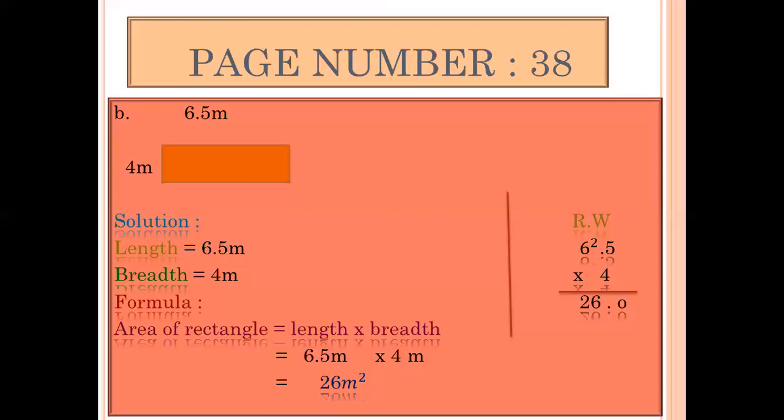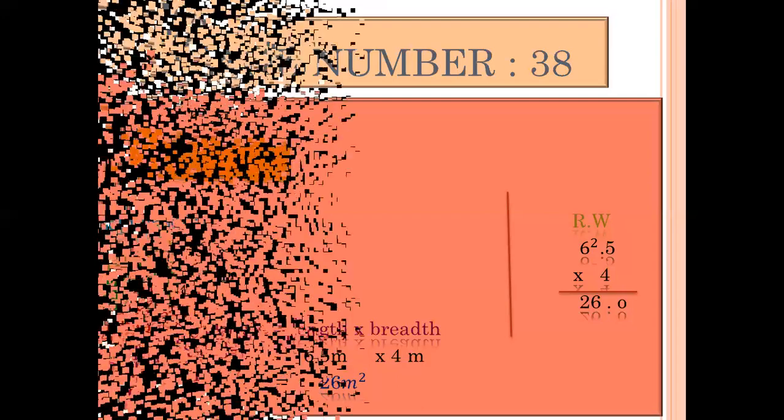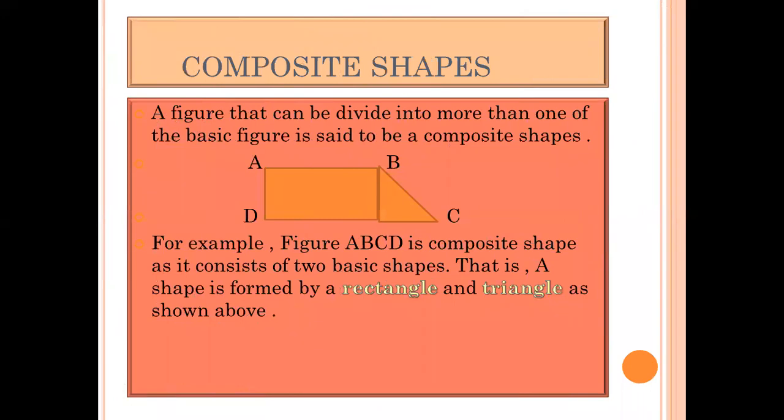Yes, students, now we have a new concept about the composite shapes. This is a new topic for you and page 39 is regarding this topic. Before doing the question, first we learn about composite shapes, which shapes are called composite shapes.